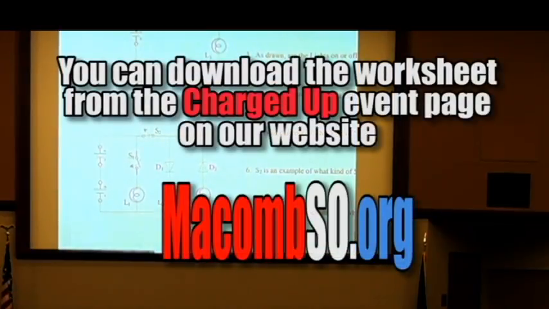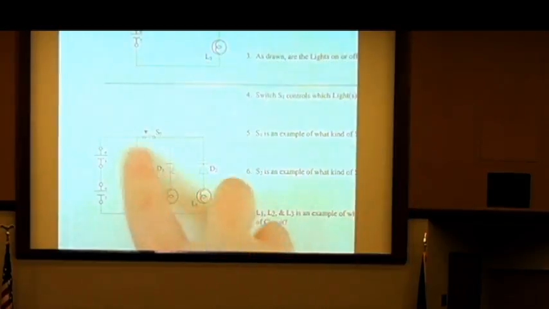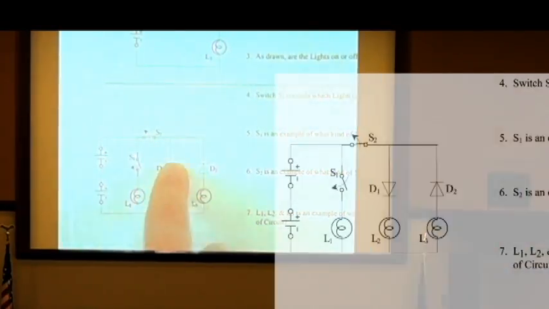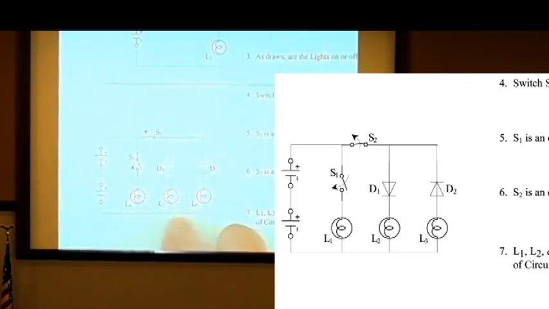I won't do this type of drawing because there's just too much in here, but I wanted to bring up several different points and not have 10 different drawings and 10 different sheets of paper, okay? But on this, if you look, we've got the positive here. This is the positive end of the diode, so the lights will light, and it really only controls L2. This diode is reversed, and this switch is open, okay?